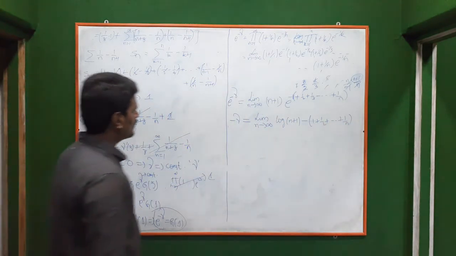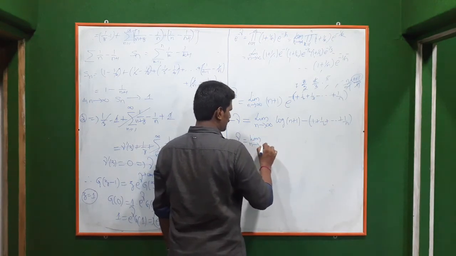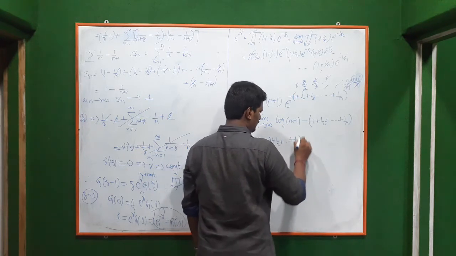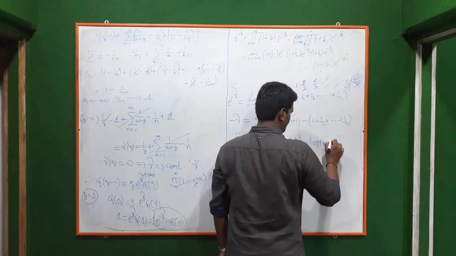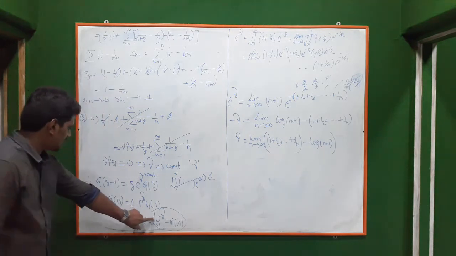Okay, this is minus gamma, and gamma will be limit n goes to infinity, 1 plus 1 by 2 plus and so on up to 1 by n minus log n plus 1. So this is your gamma, which we need here.